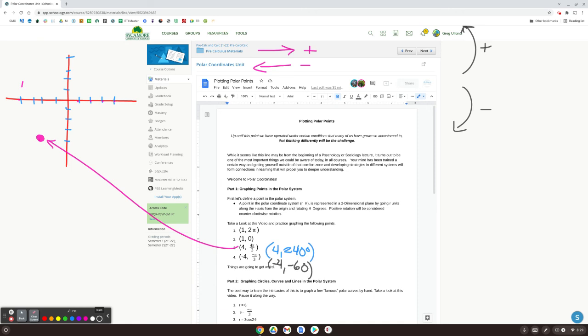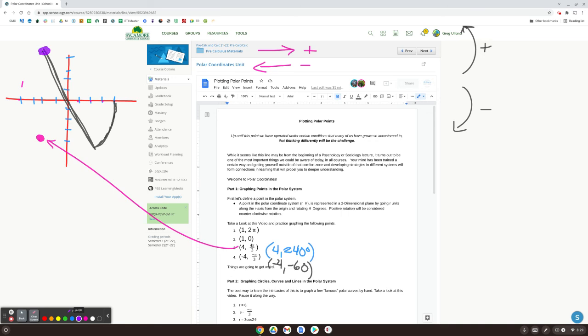So I usually do this. That's about 60 degrees in the negative. And then I got to go, so that's supposed to be a straight line, 4 in this direction. Does that make sense? Yeah.